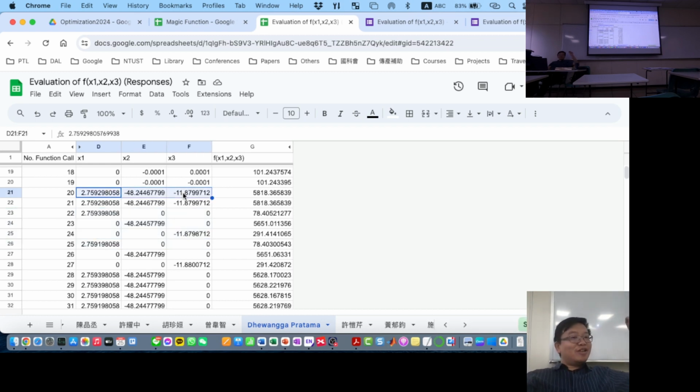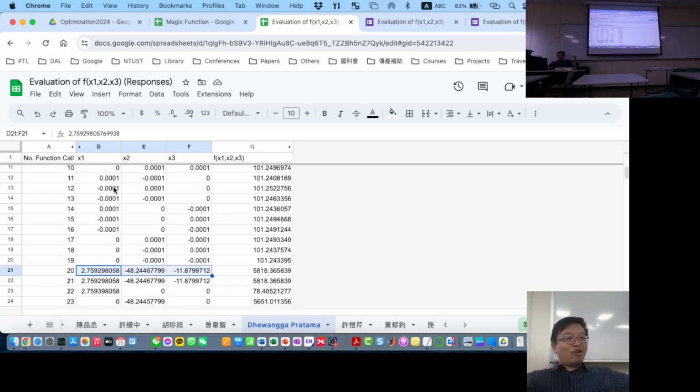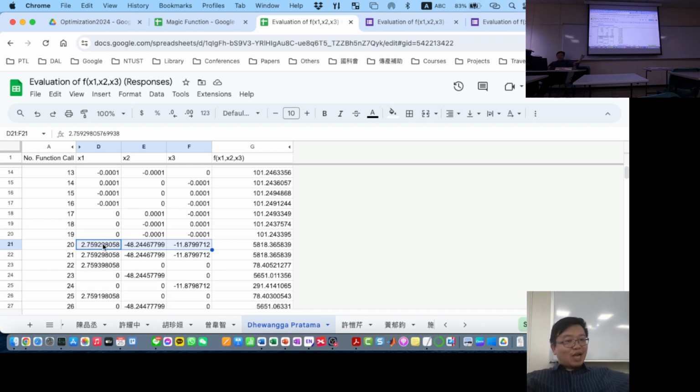If this is the initial point of your second iteration, when you apply a small increment, you apply it on top of this. You will never try this again. You will not try something like this. You basically add a small value on x1, but keep the same on x2 and x3.